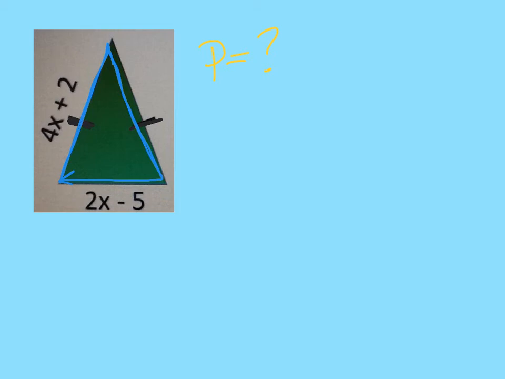So let's put these together. How you do that is up to you. Some of you, once again, may see some multiplication here. I'm just going to think of it in terms of adding. I have 4x plus 2. I'm going to add on another 4x plus 2. And then I'm going to add on another 2x minus 5.